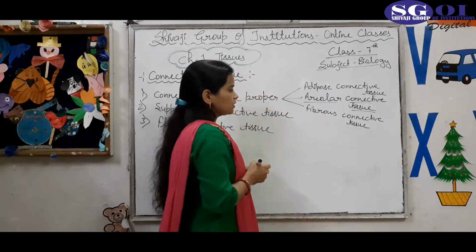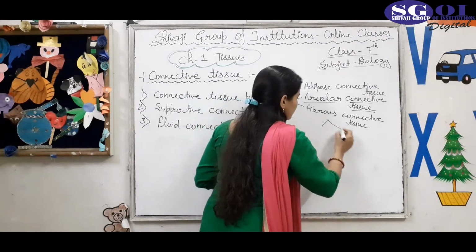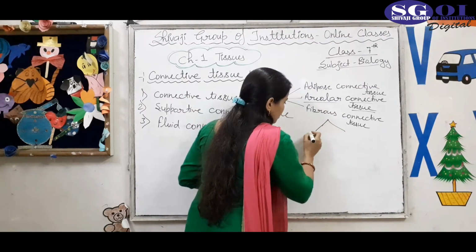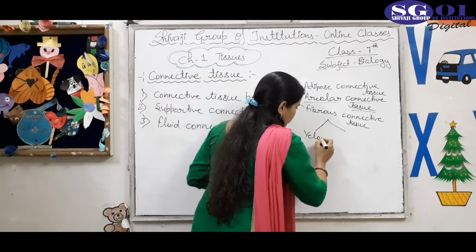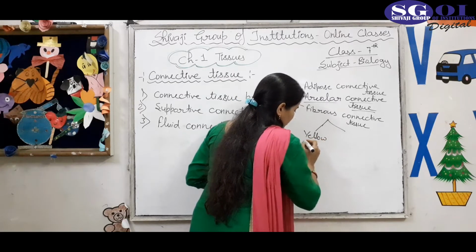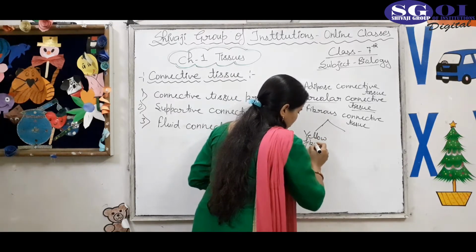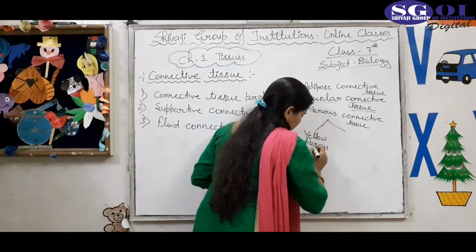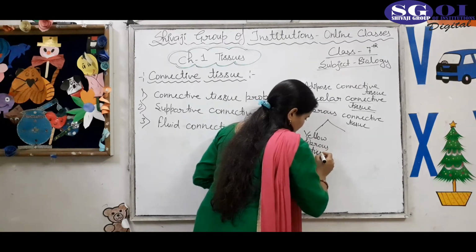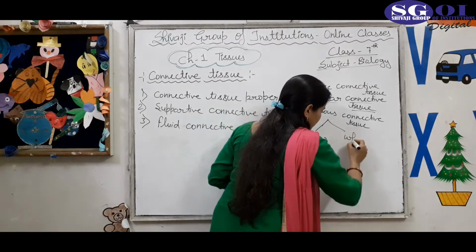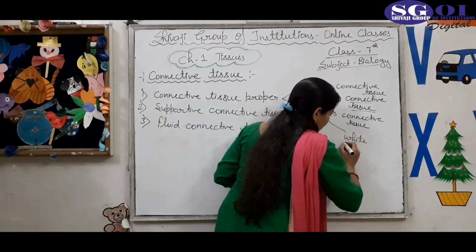This fibrous connective tissue has also two types. First is yellow fibrous tissue, and second is white fibrous tissue.